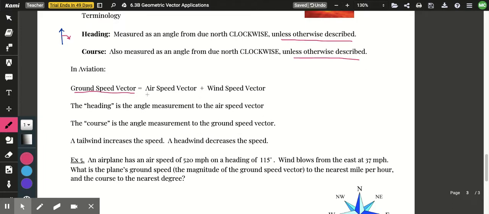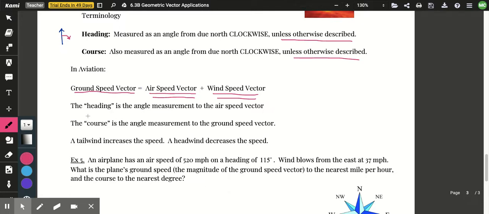And the way you figure that out is using the airspeed, which is the speed of the plane in the air, and you add to it the wind speed, which is the speed of the wind and the direction. These are all vectors, so they have both magnitude and direction. The magnitude on these is represented by the speed. The direction, of course, tells you which way. And because it has both of those, that would make it a velocity, which is speed and direction.